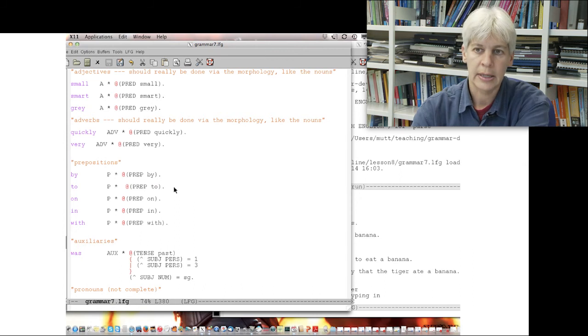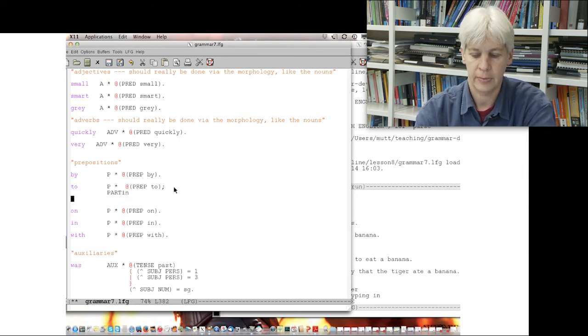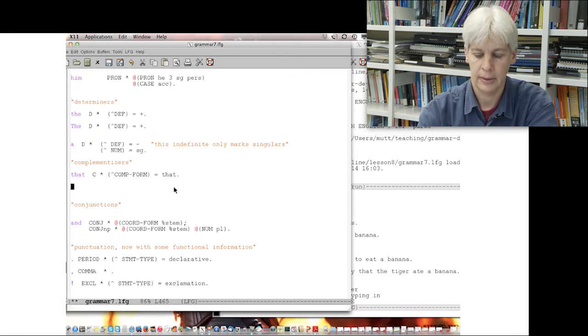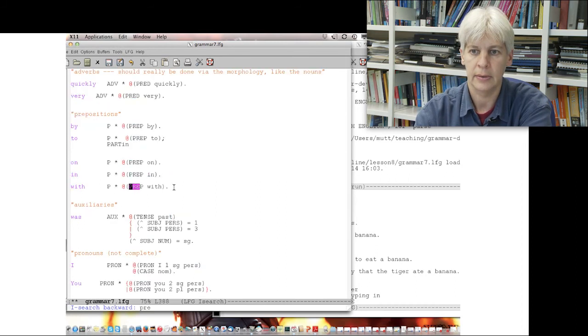And the way XLE works, I cannot have both of these just like this. So I either have to say something like etc. or I add it in here. Okay, and the best thing to do is to add it in here. Part_inf, and what did I want to say? Let me just copy that over and add it into the prepositions.